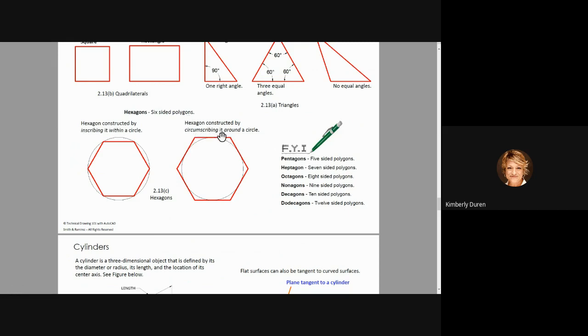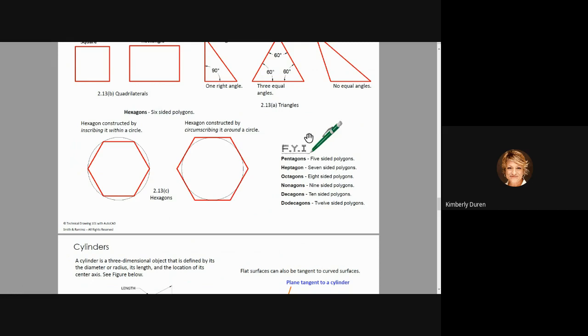If this were a 1/2 inch diameter of a circle all the way across, then from one flat to the other, that would tell me what size wrench to go and get. If that's a 1/2 inch from one flat to the other, I would go and get a 1/2 inch wrench, right? This is called across the flats, and this is across the points. And most of the time, we need to know the distance across the flats.